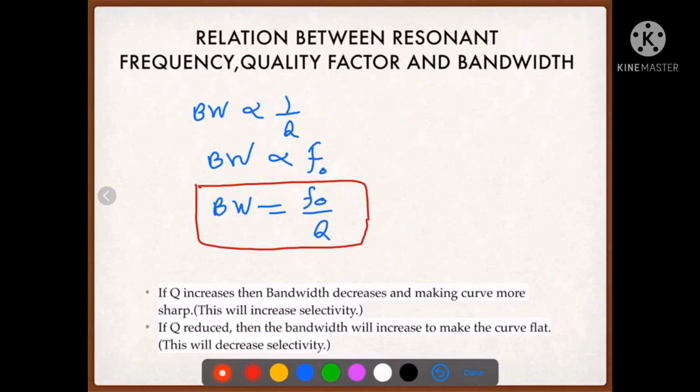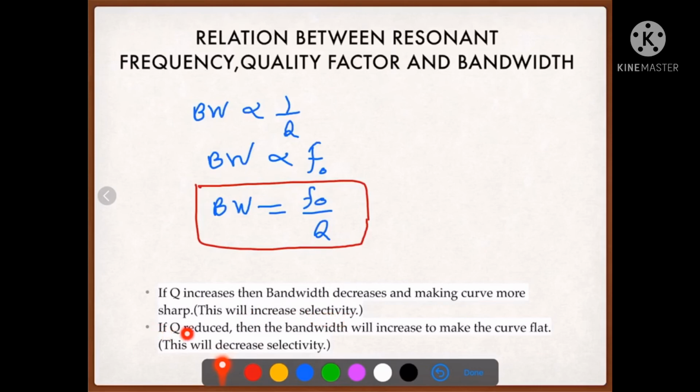Now I would like to conclude that if Q increases, that is if the quality factor increases, then bandwidth decreases, as these are inversely proportional, making the curve more sharp. We know if Q is high, we will have a sharp response curve, and if we have a sharp curve, we will definitely have high selectivity.